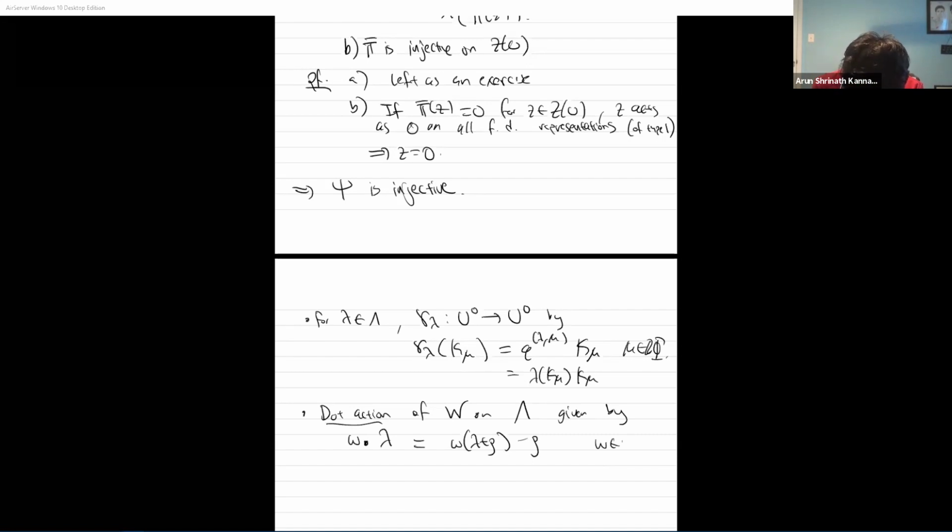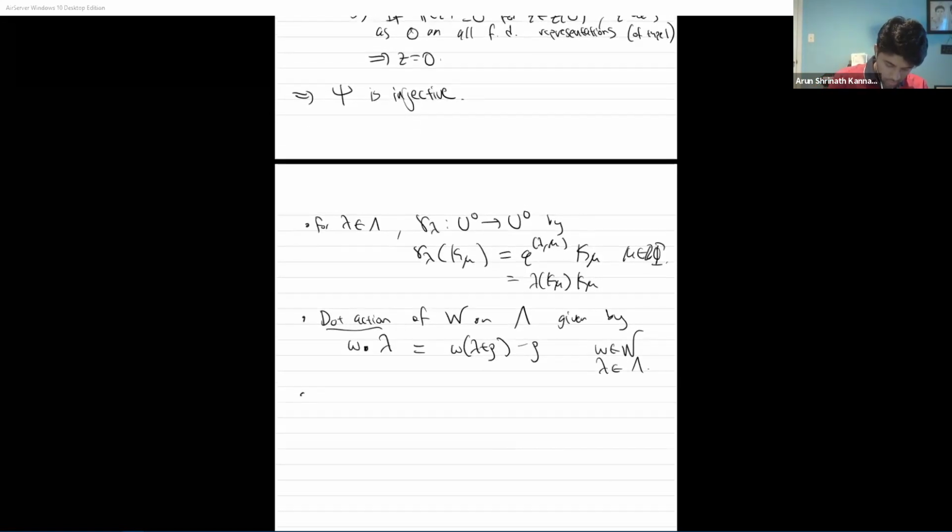Let's see, w in the Weyl group and lambda in the lattice. And then let's also recall the action of the Weyl group on U0 by w k mu is equal to k w mu, and w in the Weyl group.